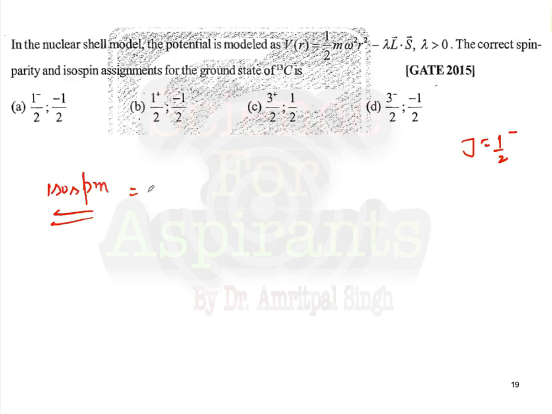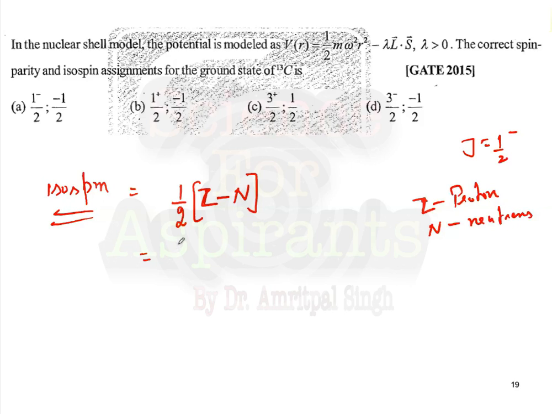Isospin we generally find with the formula 1 by 2 times Z minus N, where Z represents the number of protons and N represents the number of neutrons. In carbon 13 there are 6 protons and 7 neutrons, so this comes out to be minus 1 by 2. This is one way to find the isospin.